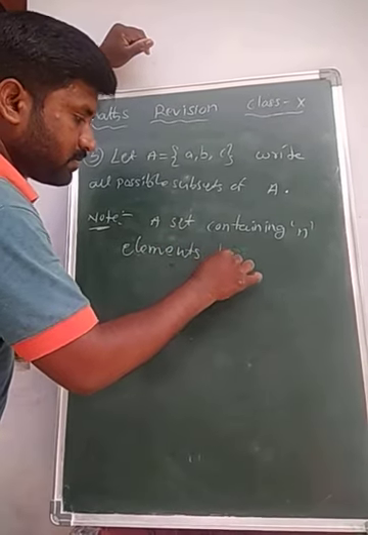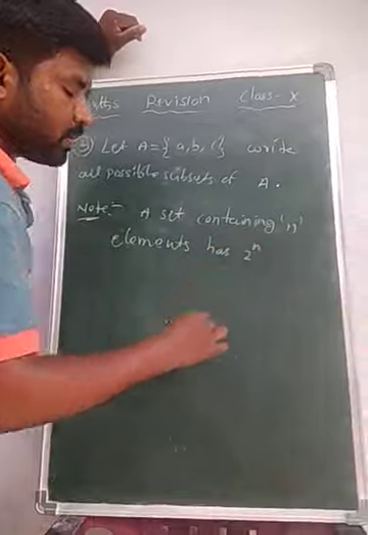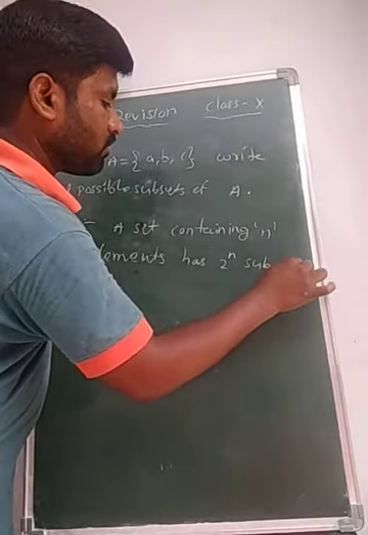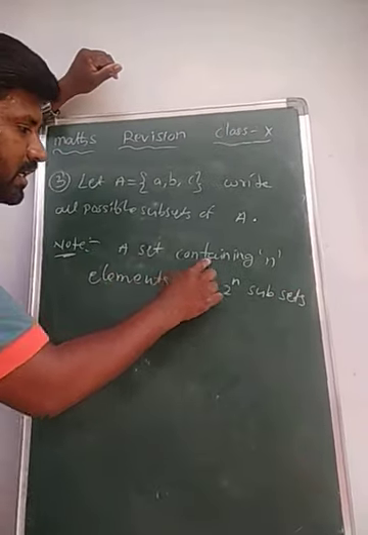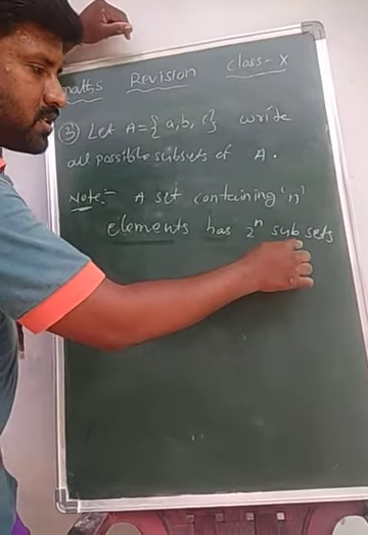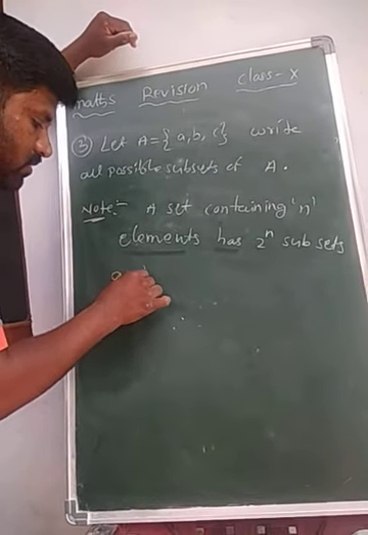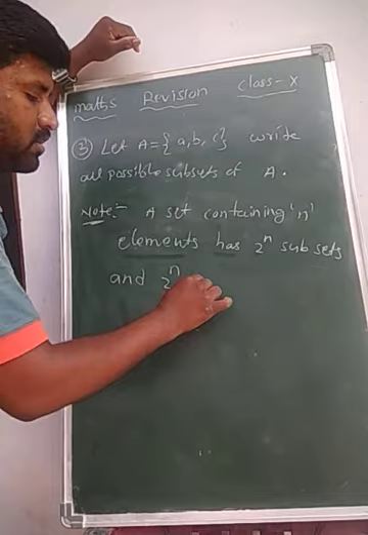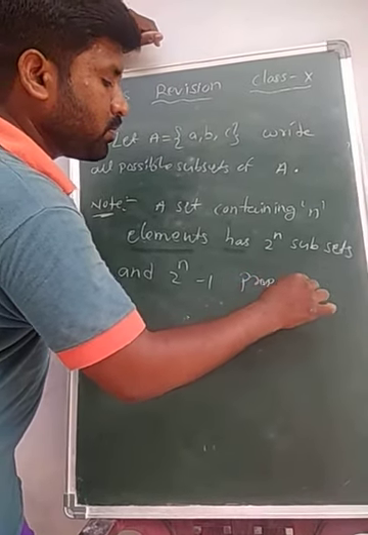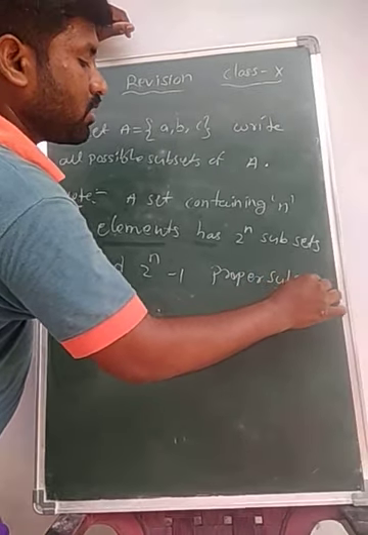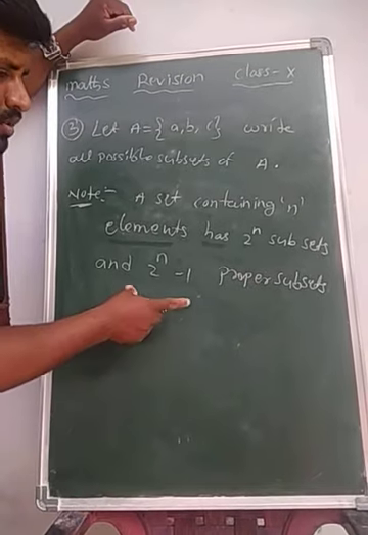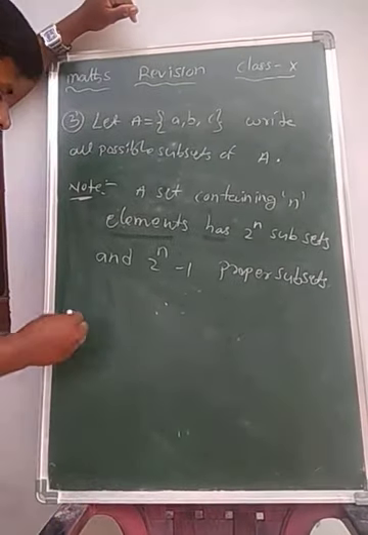A set containing n elements has 2 power n subsets and 2 power n minus 1 proper subsets. So this is the condition. So by using this condition, you see.